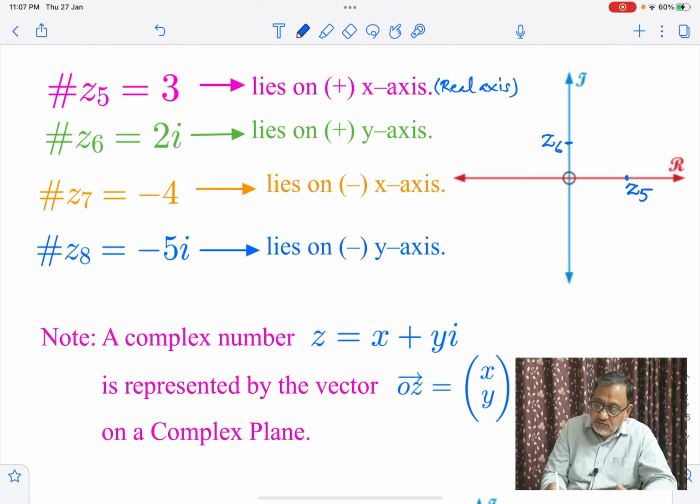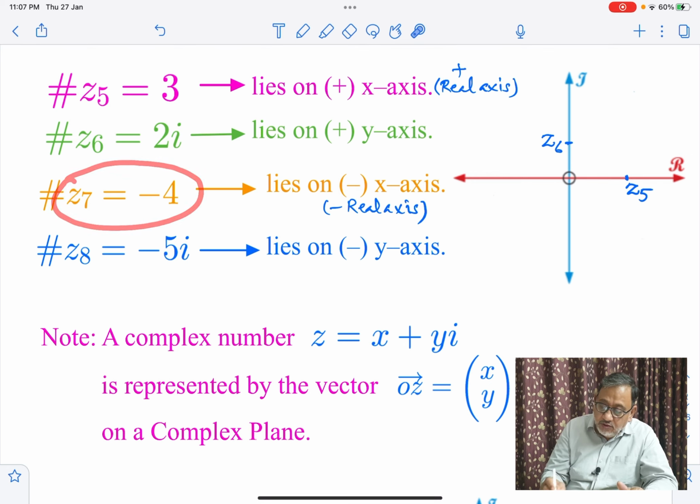So this is the positive real axis, this is the negative real axis, okay. So Z7, negative 4, will be somewhere here proportionately, Z7, okay.